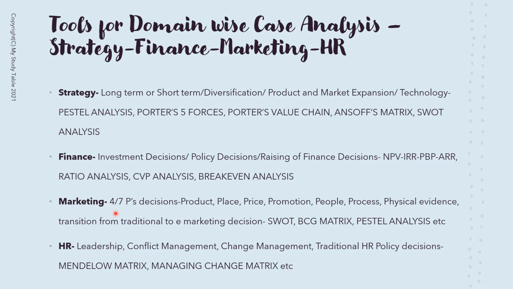So it could be related to the 4 or the 7 P's decision, which is based on product, place, price, promotion, people, process, physical evidence. Or it could also be a case which discusses the transition from traditional to e-marketing. So all these cases are a part of the marketing decision making process.